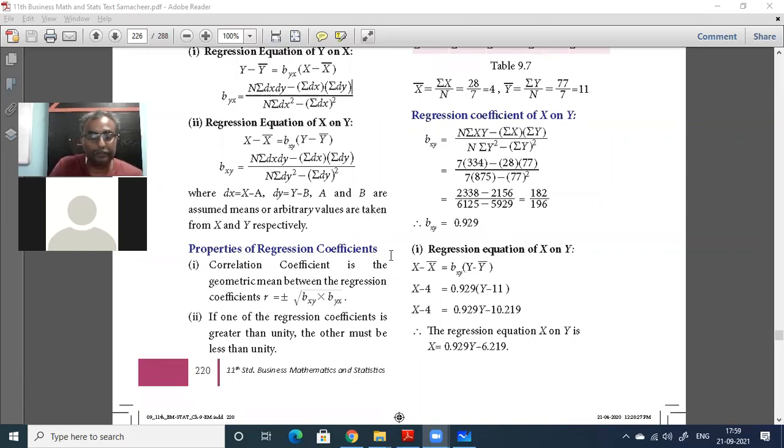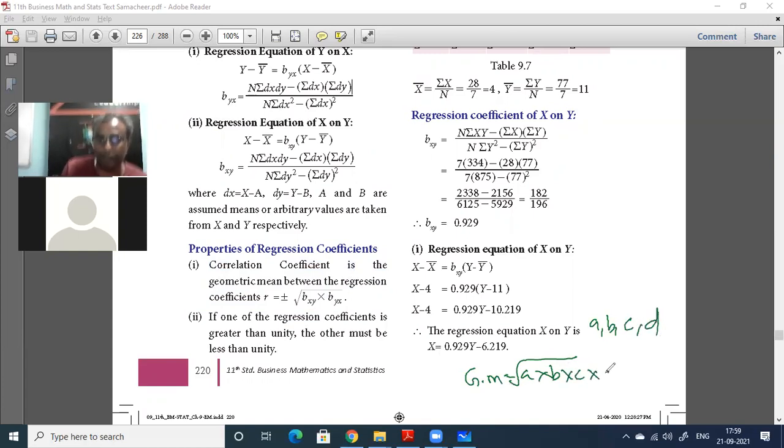The correlation coefficient is the geometric mean between the regression coefficients. The geometric mean of A and B is the root of A into B. The geometric mean of A, B, C is the cube root of A into B into C, and so on.